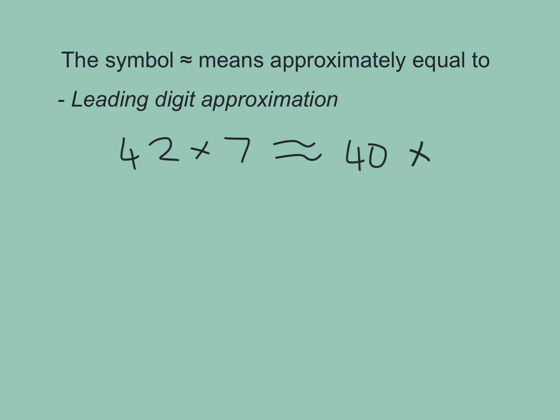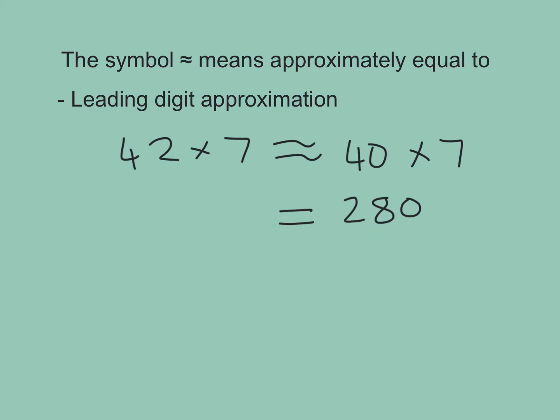And then we can multiply that by 7. So 40 multiplied by 7 is 280. How did I get that? Well, I multiplied 7 by 4 to give me 28, and 7 by 0 gives me 0. So 40 by 7 is 280.